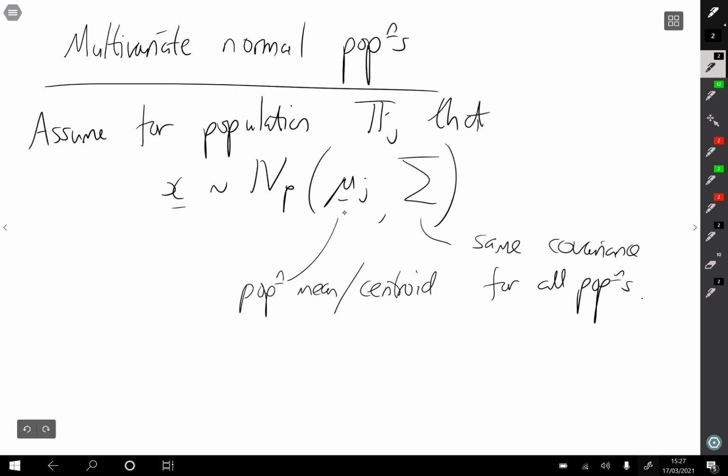We can let the covariance matrix differ between populations, but as we'll see, that leads to a quadratic discriminant rule, whereas if we have a shared covariance matrix, then we get a linear discriminant rule.